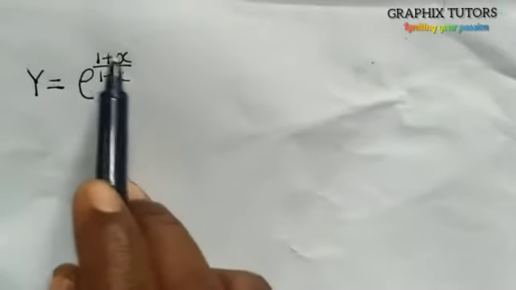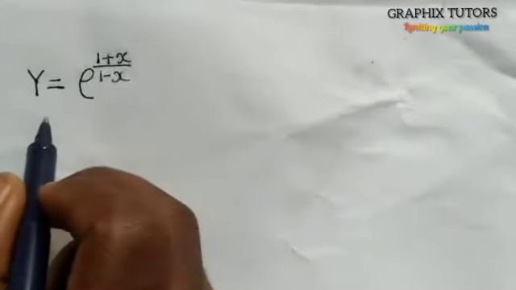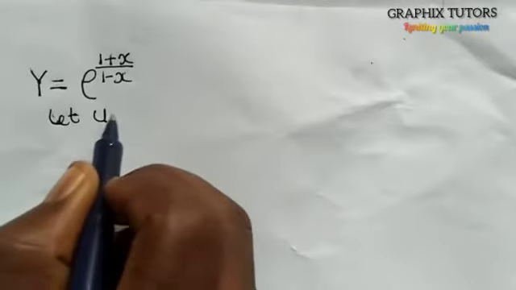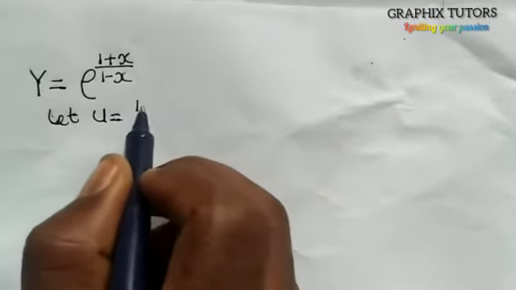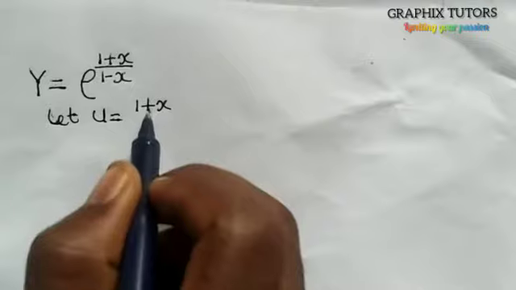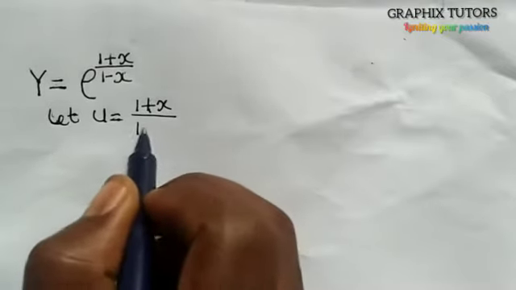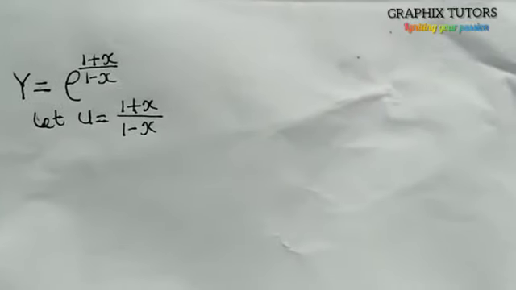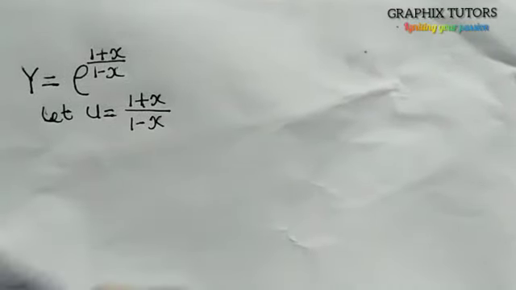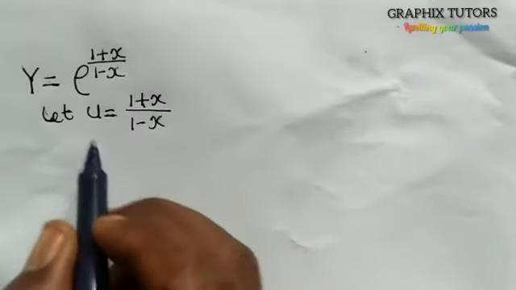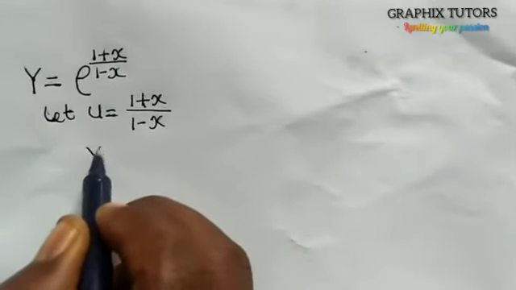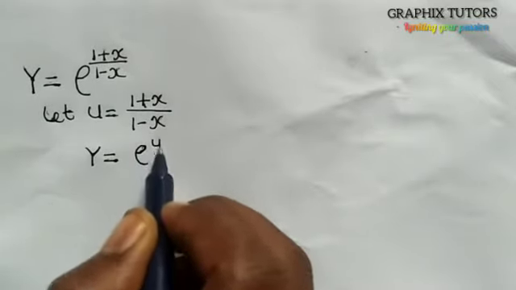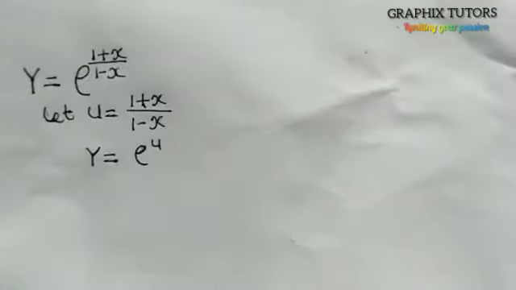So representing this with a variable here, we'll say let u be equal to 1 plus x all over 1 minus x. Now if you rewrite this, y will be e to the power of u, exponential u.